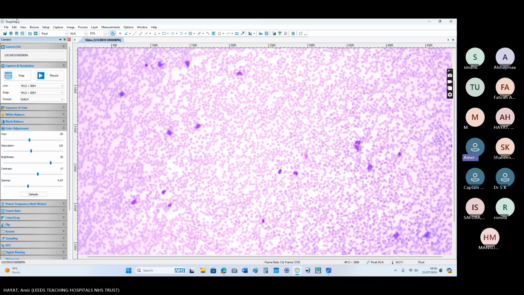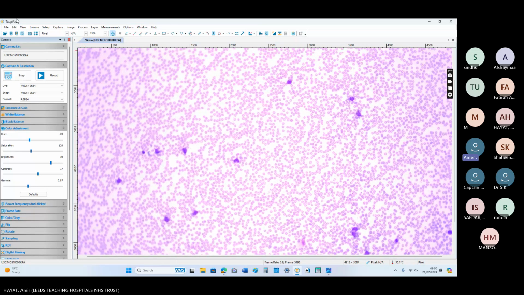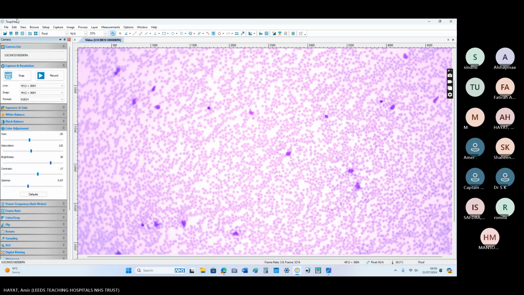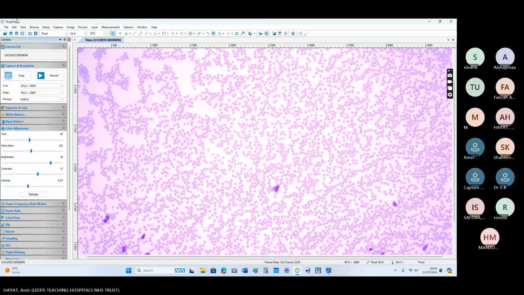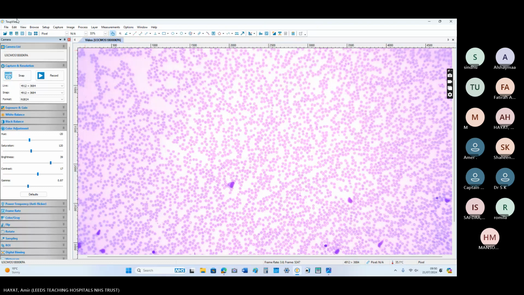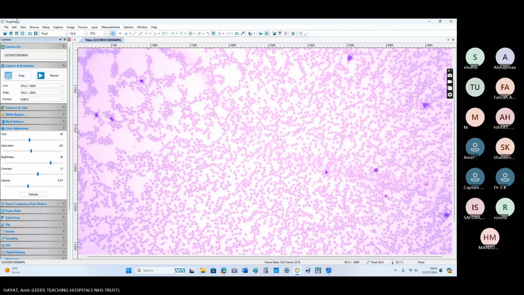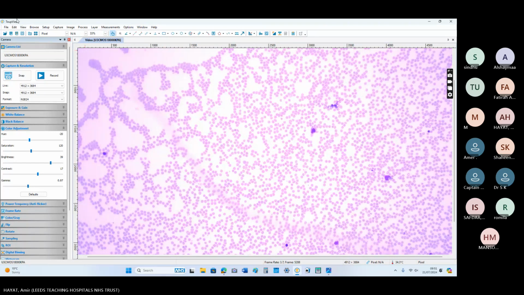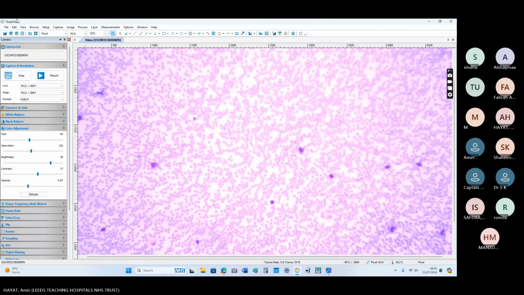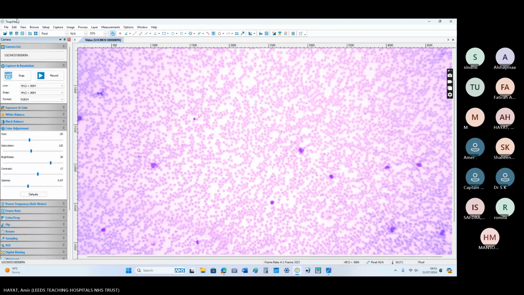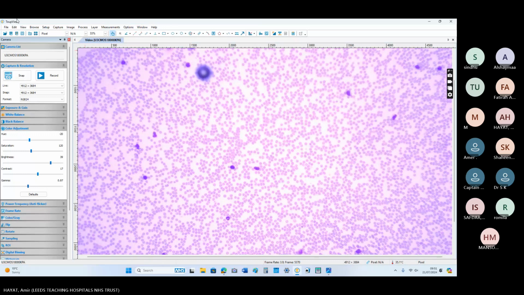So this is power 10, just a general overview of the blood cells. Okay, I will go to power 50.